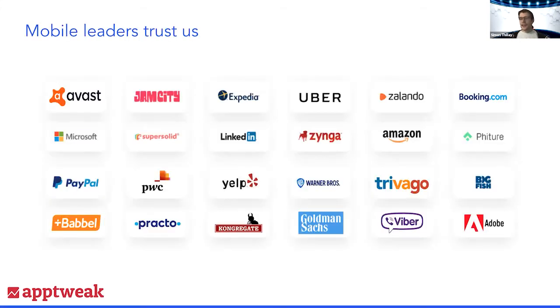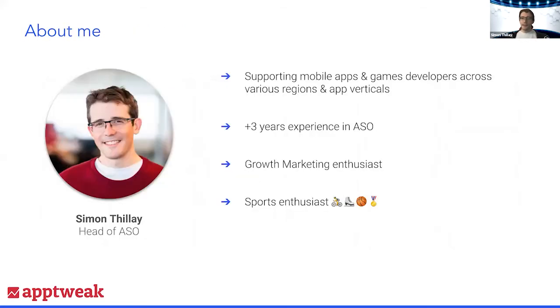In terms of gaming clients, we work with quite a few big names already. I can quote Jam City, Zynga, Warner Bros, quite a few more as well. But we actually work with gaming clients and apps in different verticals, also in different markets.